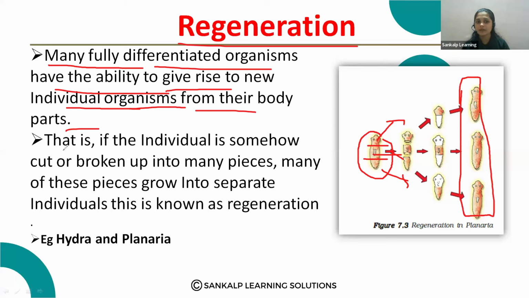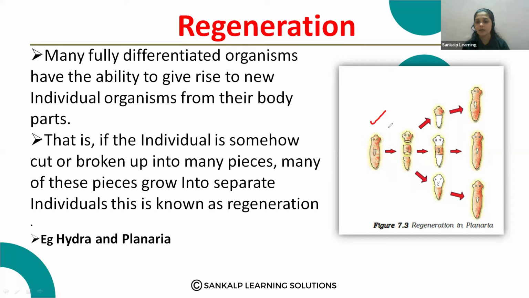Here, the planaria in the first picture, this is the planaria. Here this planaria body is cut into 3 parts, right? Are you observing this? Yes, observing ma'am. Then each separate body part is growing into a new planaria. See here, from the 3 cut parts, 3 planaria are generated.